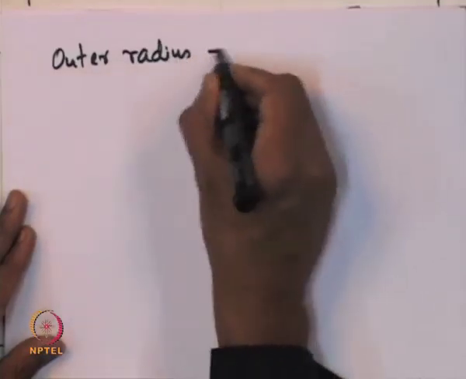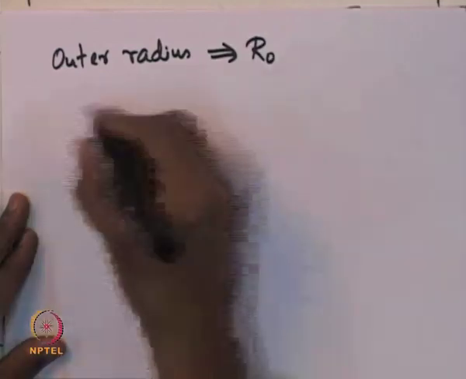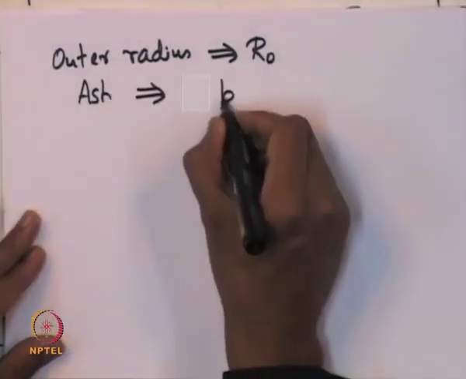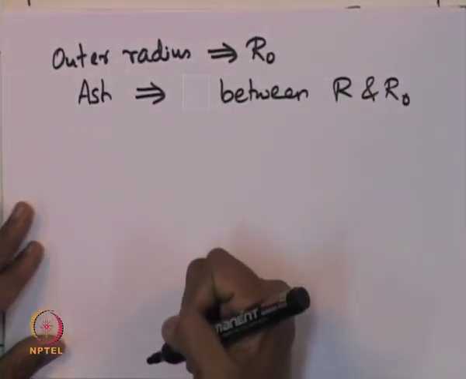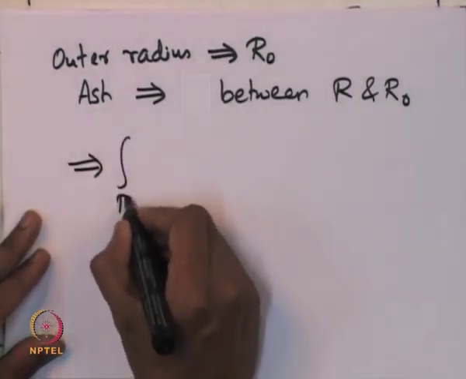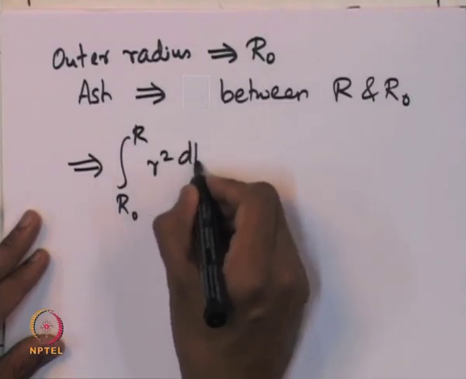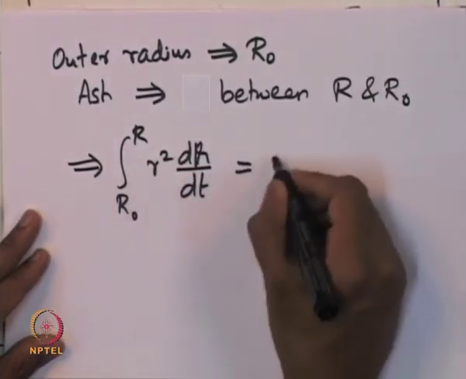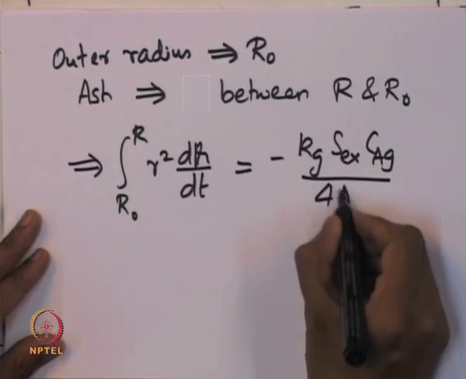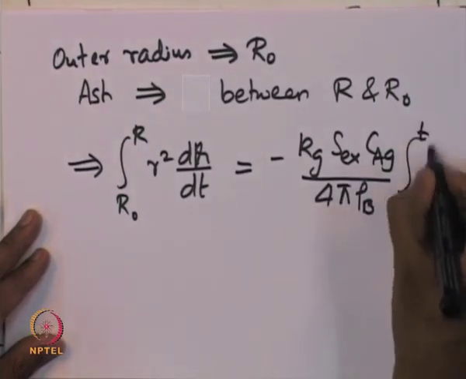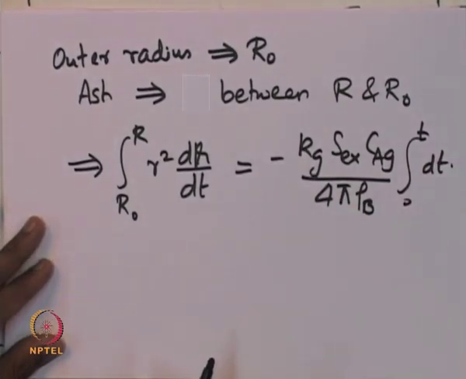If we assume that the outer radius of the particle is r naught, and the ash is present between r and r naught, we can now integrate this expression between r naught and r of r square dr by dt, and that should be equal to minus kg divided by rho b into the integral of dt.